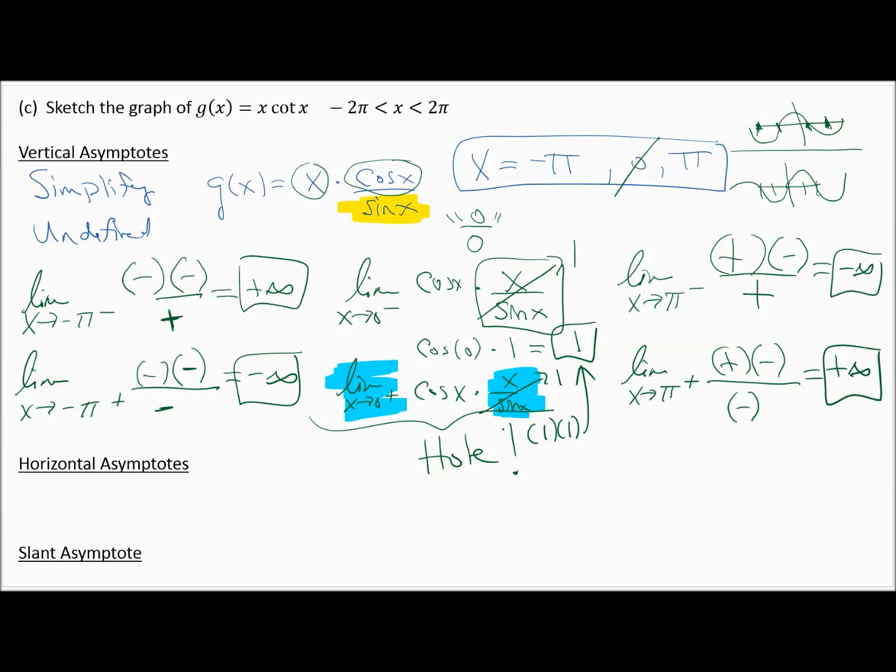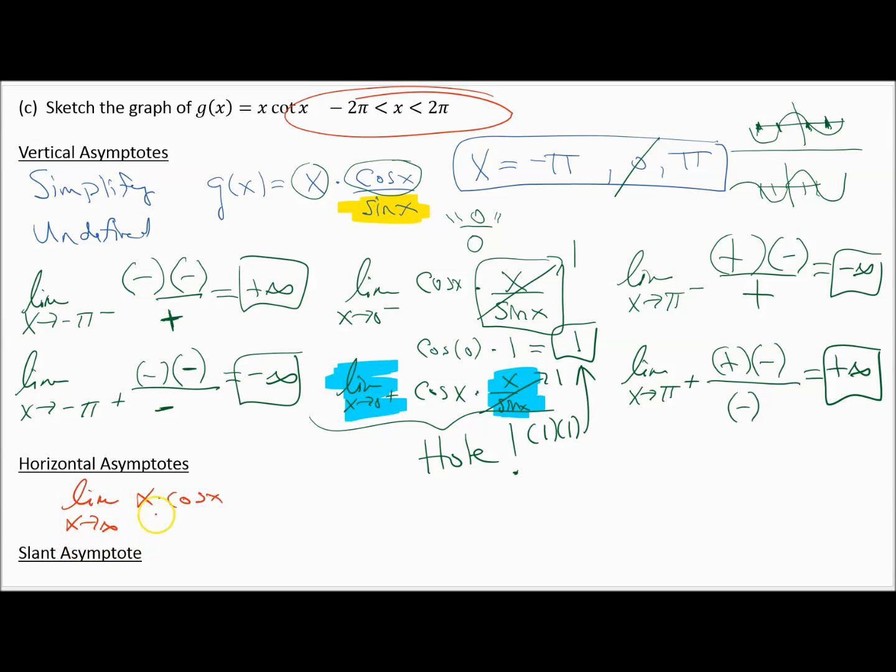Now how about a horizontal asymptote? Help me remember how you find those, right? You take the limit as x goes to infinity of your function, of x times the cosine of x. But y'all, that kind of, to me, doesn't make any sense, because we're only looking at a domain of -2 pi to positive 2 pi.